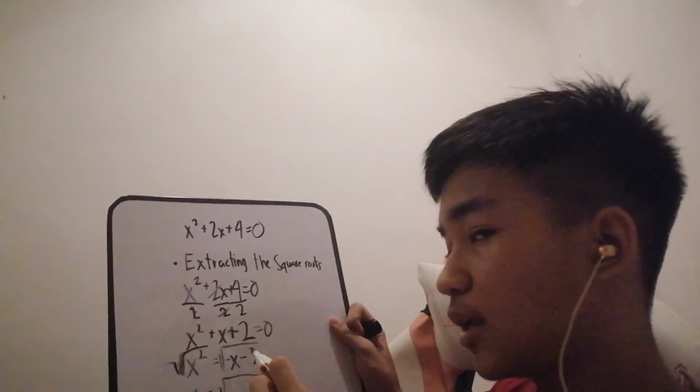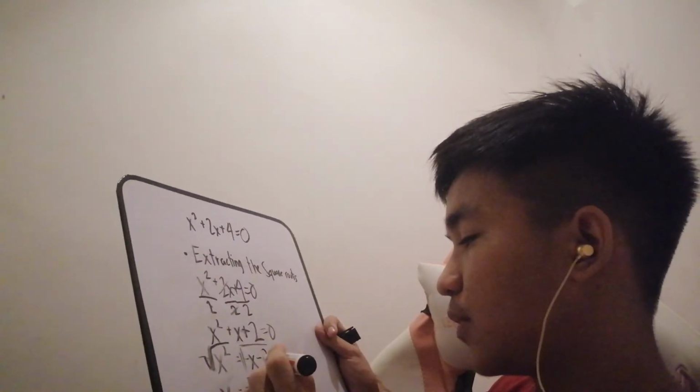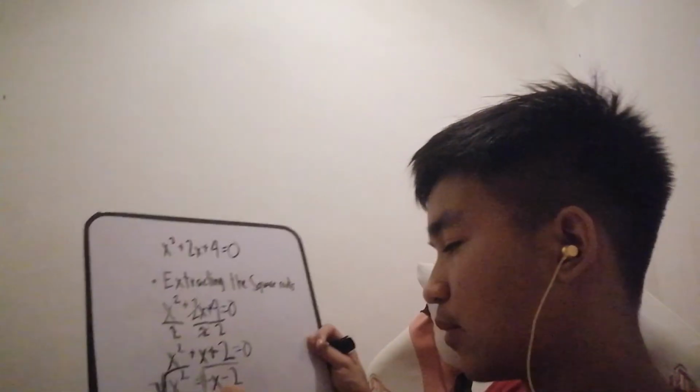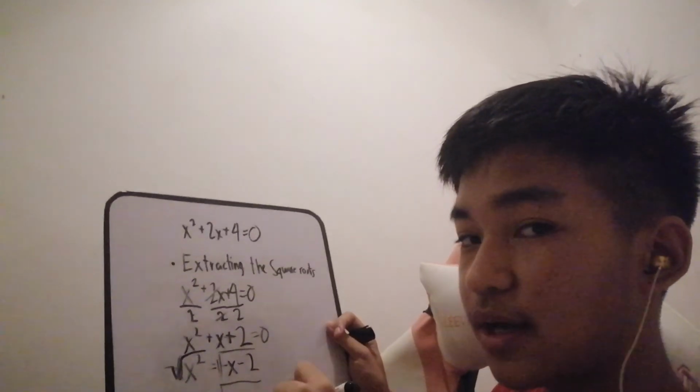Since we cannot square negative, we will just put an imaginary positive to cancel out this.